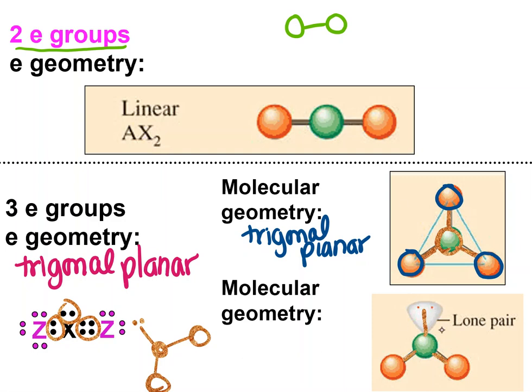All of these are trigonal planar. But when you look at the molecular geometry, you only look at the atoms, and now it's no longer a triangle. We call this shape bent. And the angle here is 120, so we say bent, 120 degrees. What I'm talking about is this angle here.